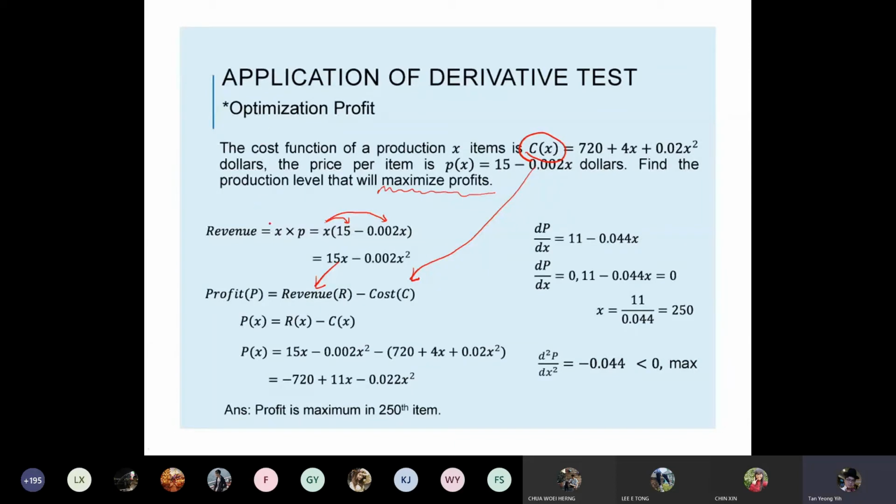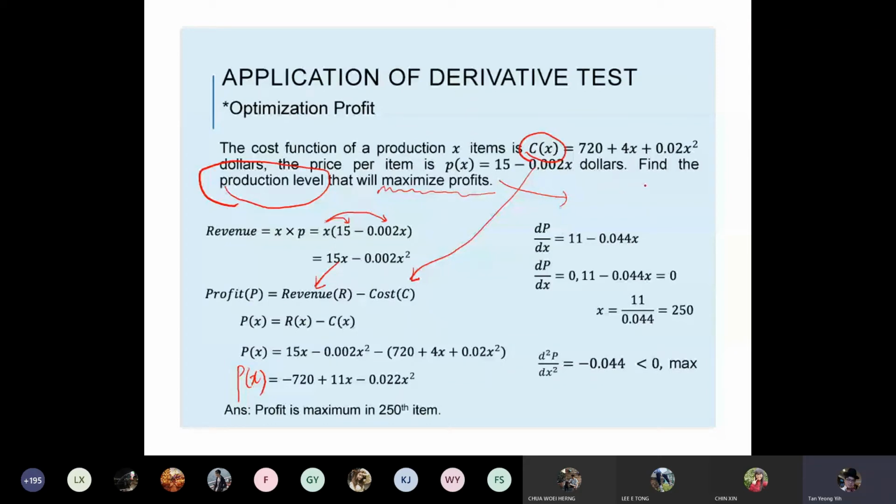All right, now, what is the maximum profit? Okay, what is the production level that we have maximum profit? So first we differentiate from here. Now, actually, basically the question here is to find the maximum point.